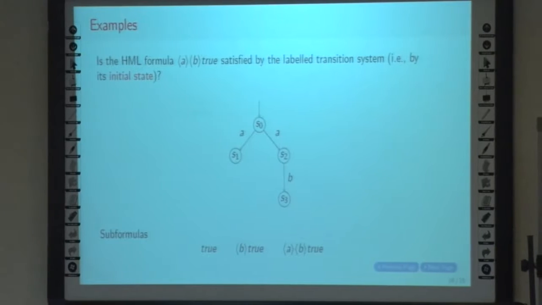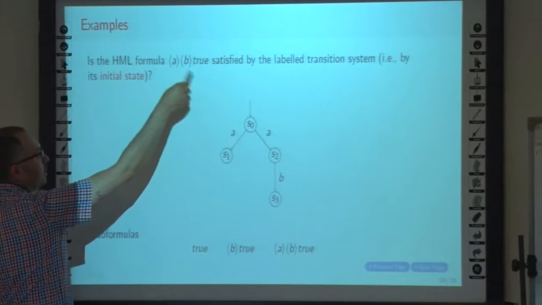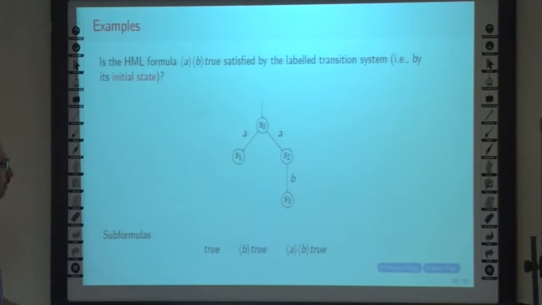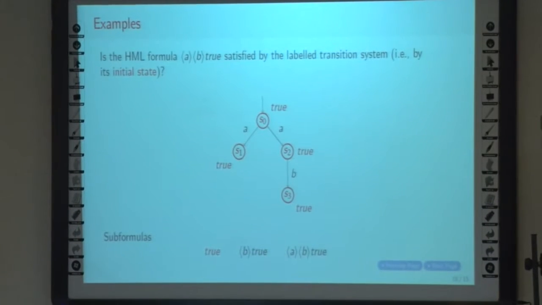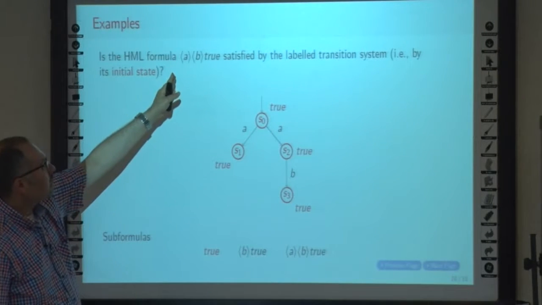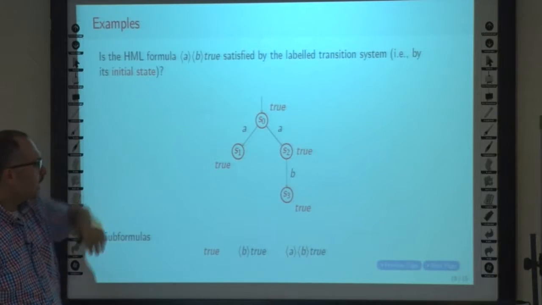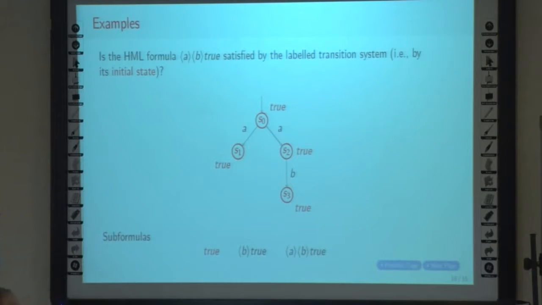If you want to verify that, I first start with the smallest subformula here. In this case, I have true. So I label all the states that satisfy true. All of them do satisfy true. Right? Then I grow my formula to the next smallest subformula. In this case, diamond B true. Which states satisfy diamond B true?